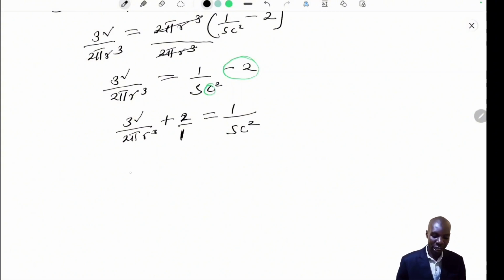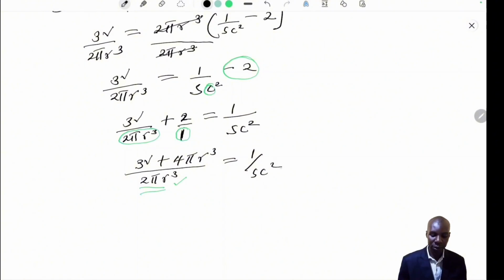Then from here, we can get the LCM of the left-hand side. We'll say the LCM is 2 pi r to power 3. 1 times 3v, you'll have 3v plus, then 2 pi r cubic times 2, you'll have 4 pi r cubic, given by 1 over sc squared.